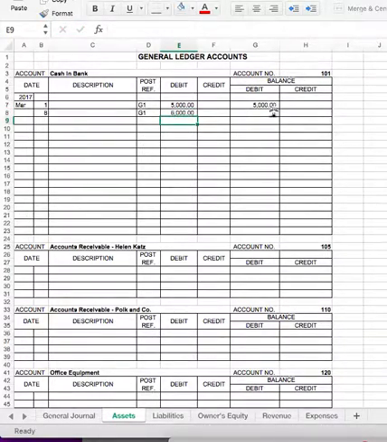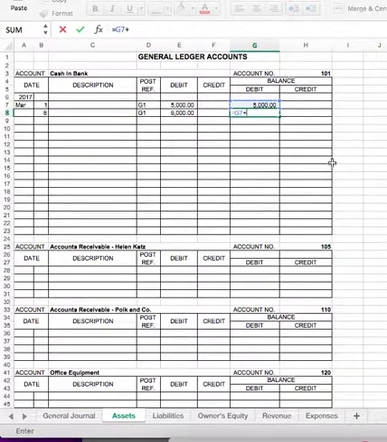Now, that means we have a debit balance of $5,000 and we had another debit of $6,000, so we need to add them together. Now, you can do this using your calculator or you can use formulas in Excel. So to start formulas, I'm going to do an equal sign. I'm going to click on the previous balance. So now it says G7, which is column G, row 7, that we got that amount from.